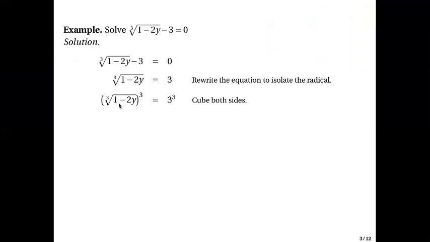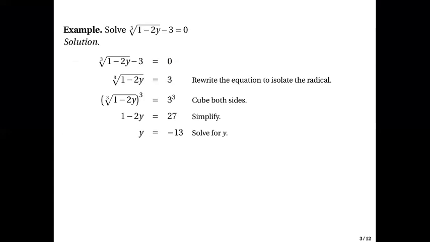We cube the left-hand side, and we need to cube the right-hand side. Doing that, we'll just have 1 minus 2y, because the radical with index 3 will cancel the power 3, and then 3 cubed is just 27. Now we solve for y. So y will be negative 13.